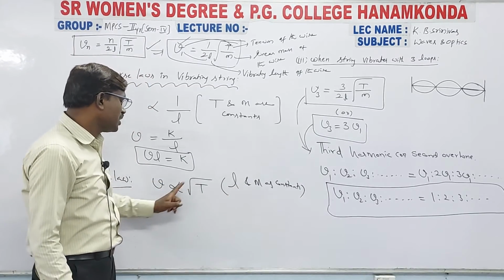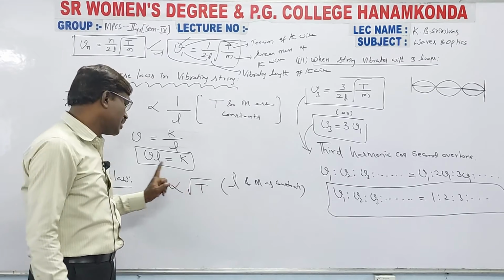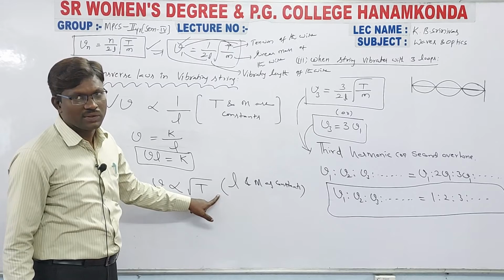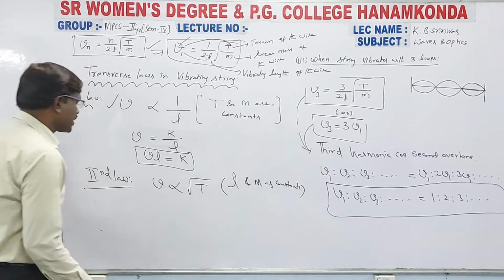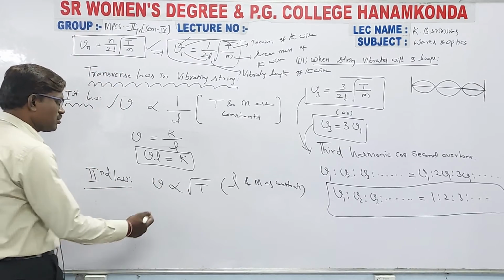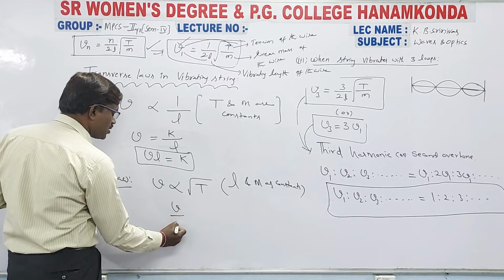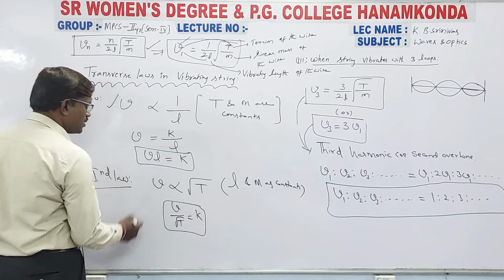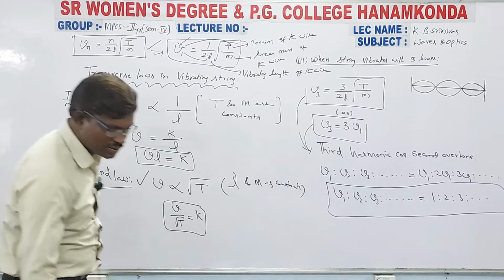Simply by changing weights or by changing frequency, you can change the tension of the wire. This is about the second law. Clear? This also can be written as nu by root T is equal to constant. Right. This is the second transverse law.